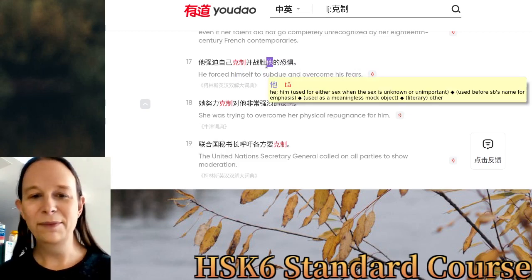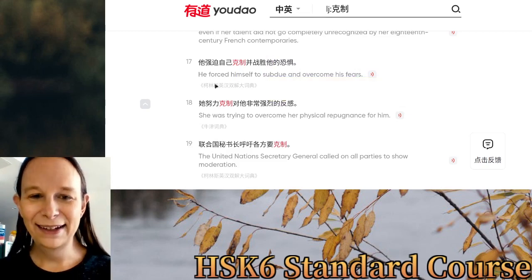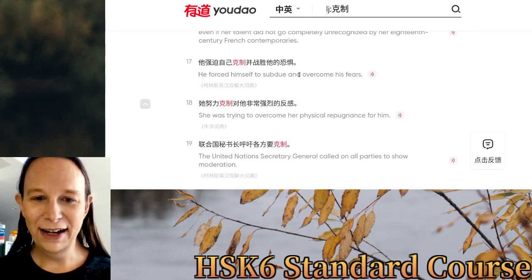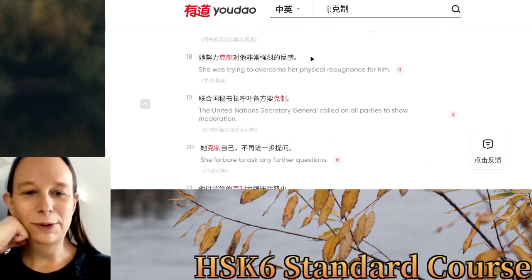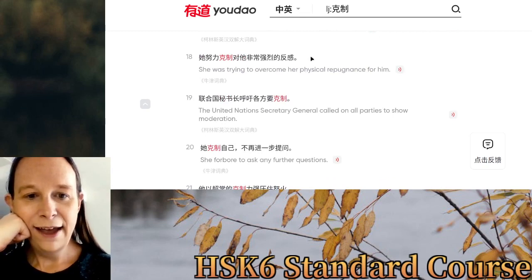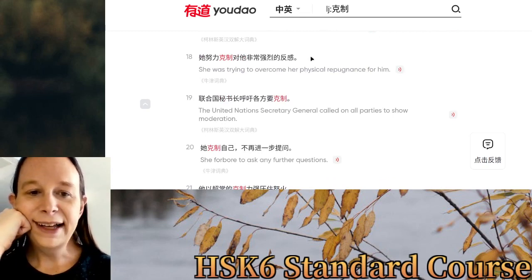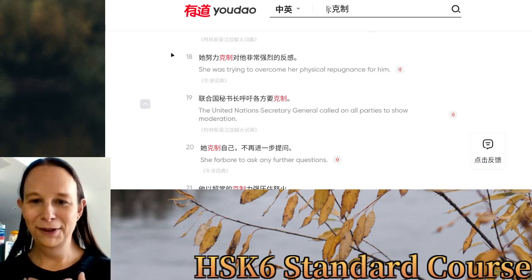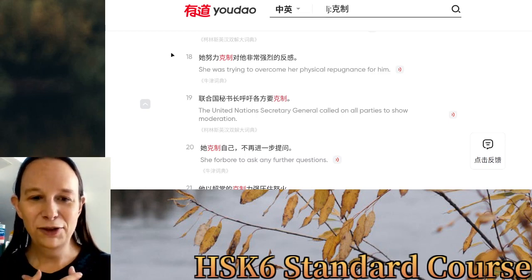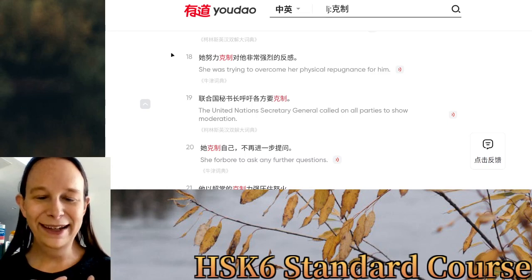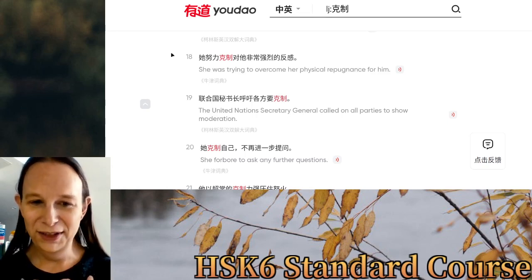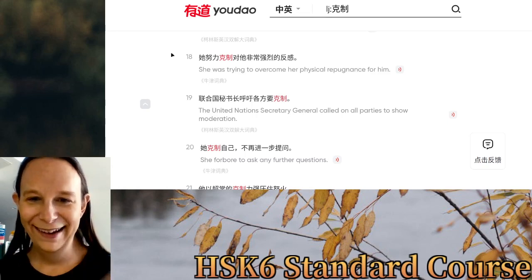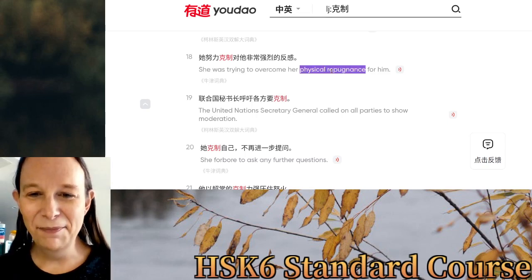So this is not another person, right? So you don't subdue and overcome someone else's fears. Okay, 他努力克制对他非常强烈的反感. So she struggled to restrain or subdue her repulsion towards him. Her physical repugnance for him.